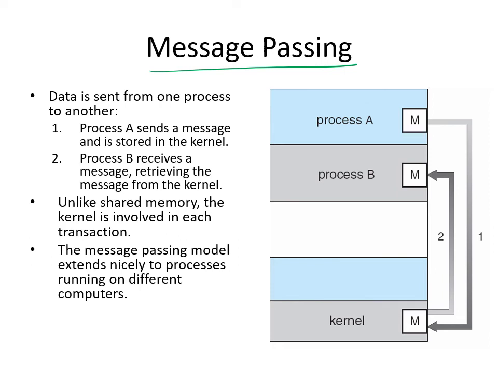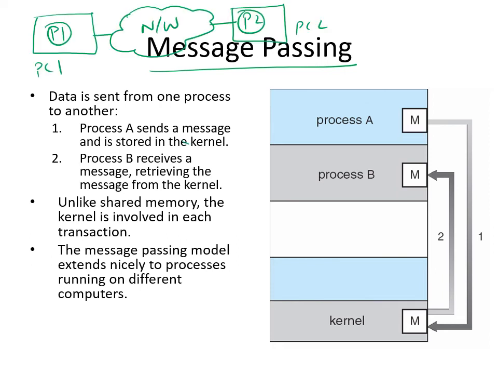Let's say the internet. So something like this. Let's assume this is our computer 1 over here, and this is computer 2, and process P1 is running inside computer 1, P2 is inside computer 2, and these two computers are connected with each other over some network, let's say the internet. So in this setting, these two processes are clearly not in the same RAM.